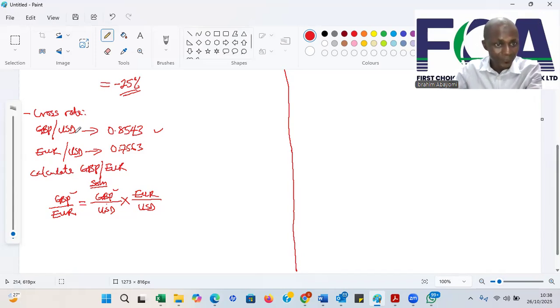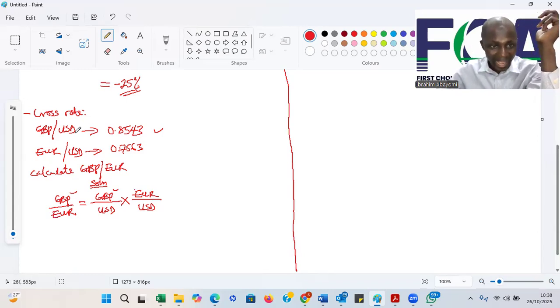But look at this one here. There's no way I can arrange this the way it is for me to have GBP to euro, because what I want to do here is arrange the two quoted rates such that the dollar is cancelled out, leaving me with GBP and euro. But with what I have there, that is not possible for now. The way it is said, you cannot cancel it.